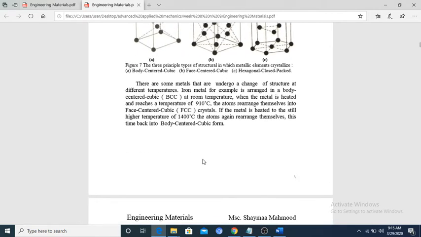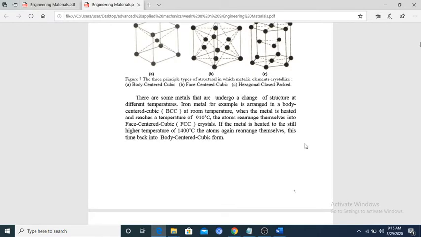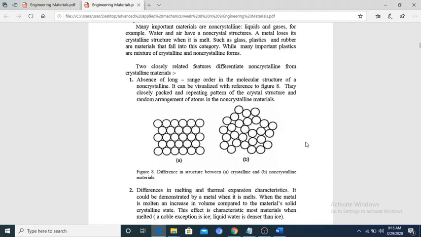Iron metal, for example, is arranged in BCC at room temperature. When the metal is heated to 910 degrees Celsius, the atoms rearrange themselves into an FCC crystal. If the metal is heated to the still higher temperature of 1400 degrees Celsius, the atoms again rearrange themselves, this time into the BCC. So this is the structure of that.